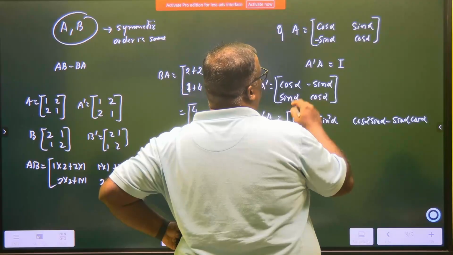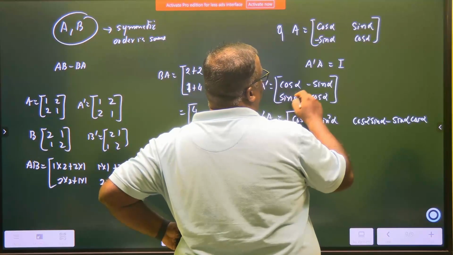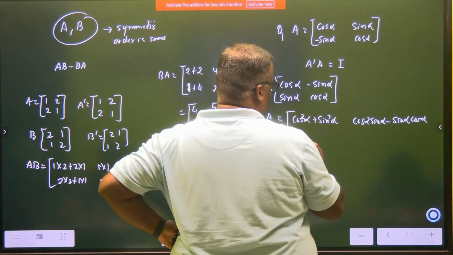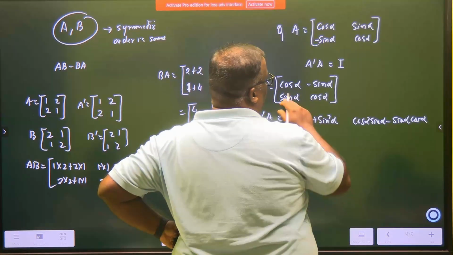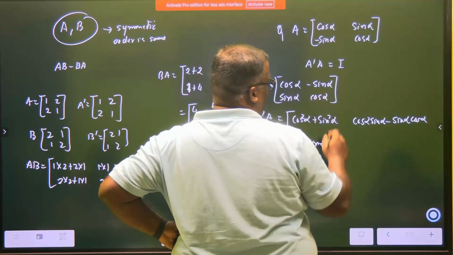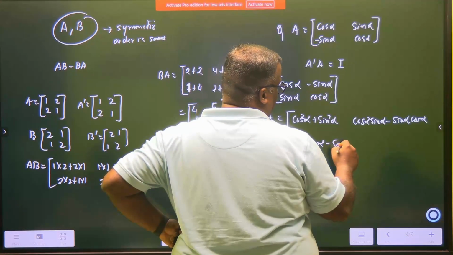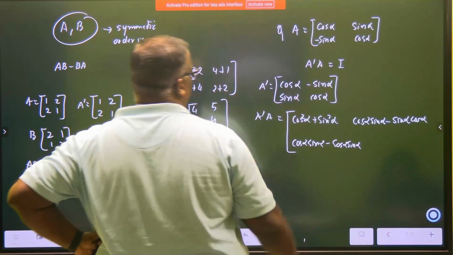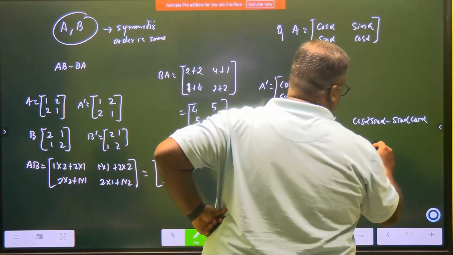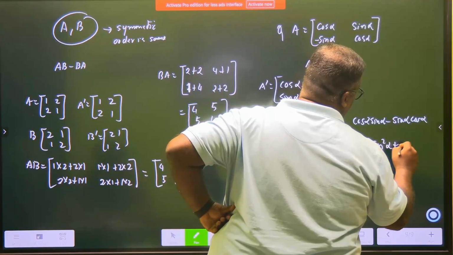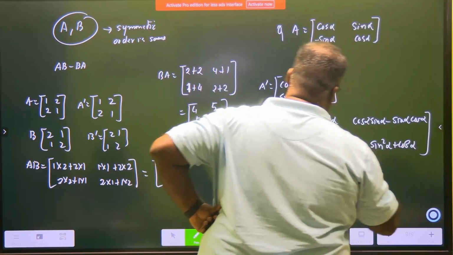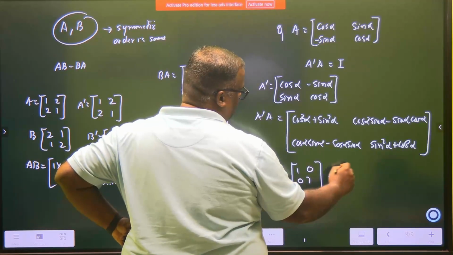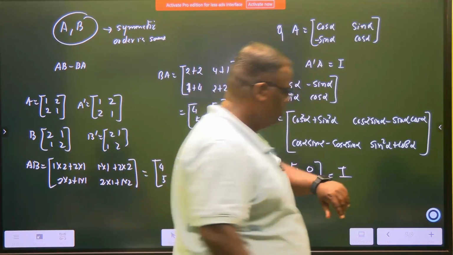Negative sin alpha into cos alpha, and again cos alpha into sin alpha, which gets me a 0 here also. And now this multiplied with this will be sin square alpha plus cos square alpha, which is equal to 1. So 1, 0, 0, 1. Yes, this is equal to an identity matrix.